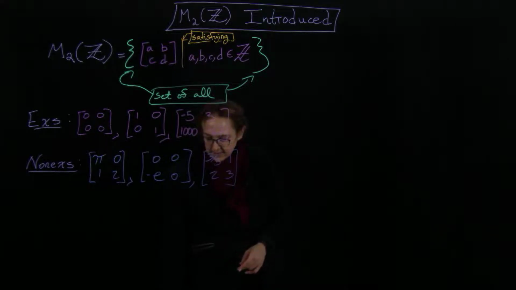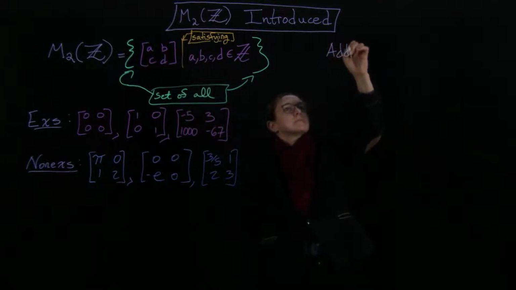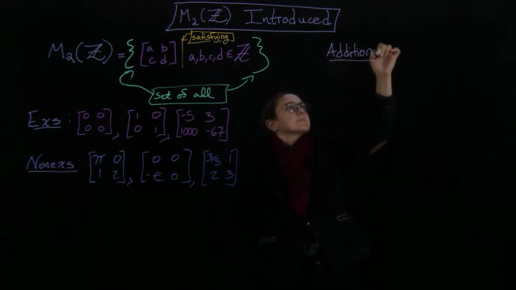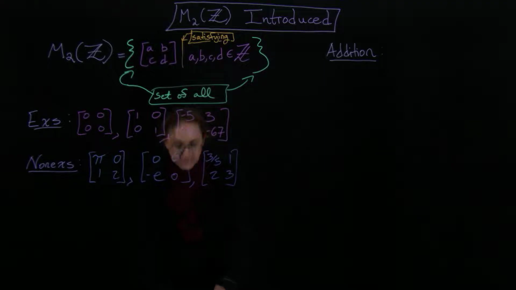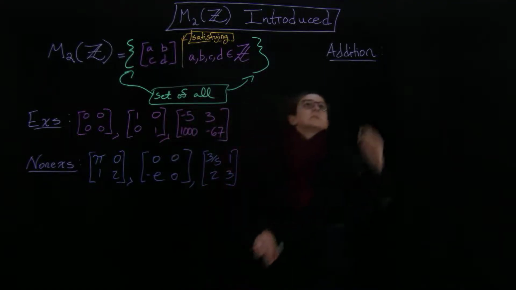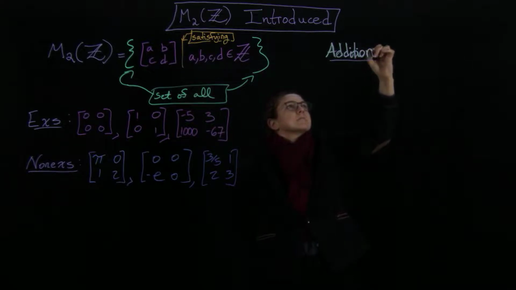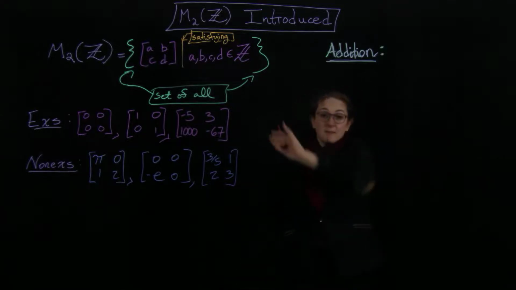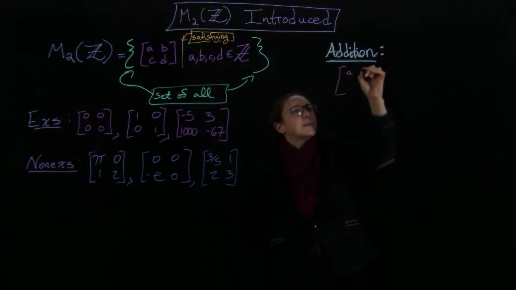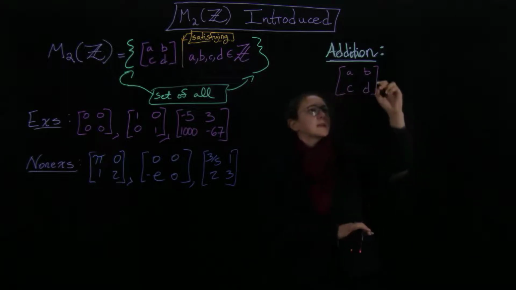And now I have some notion of addition. How do I add these? Let's do this in yellow, so this is going to be my addition. What if I had, and I'm going to do these in the generic form, A, B, C, and D, because it's a generic one. I don't know what those are, but I can still tell you how the addition works.